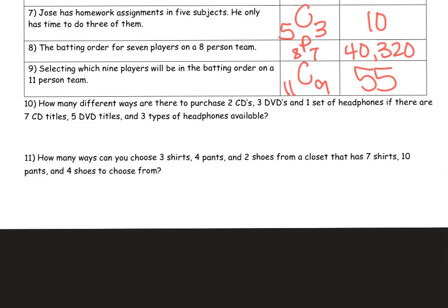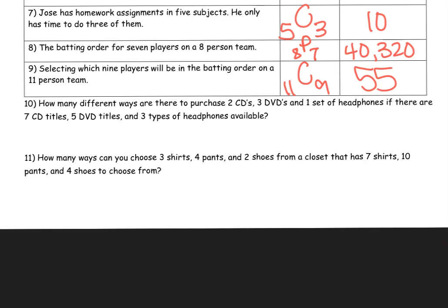Okay, number 10. How many different ways are there to purchase 2 CDs, 3 DVDs, and 1 set of headphones if there are 7 CD titles, 5 DVDs, and 3 types of headphones available? All right, so now we need to sort this out between CDs, DVDs, and headphones, okay?